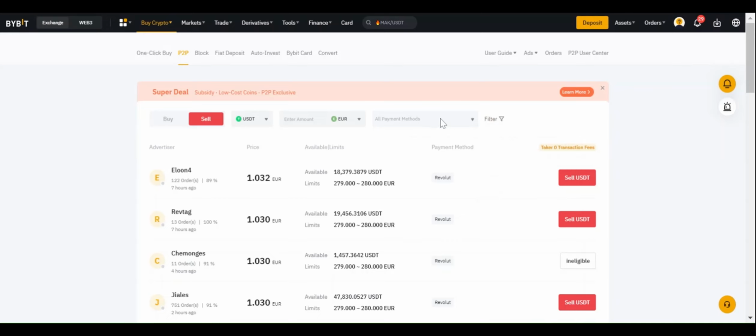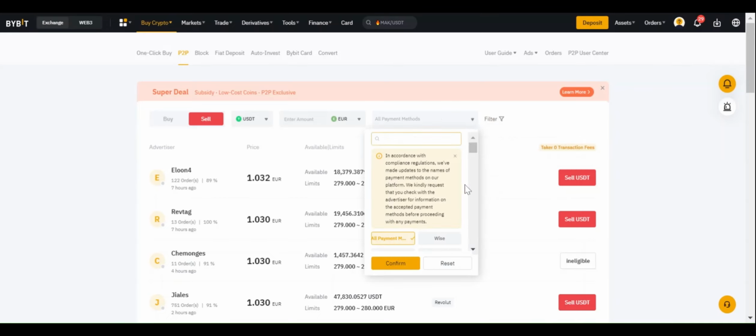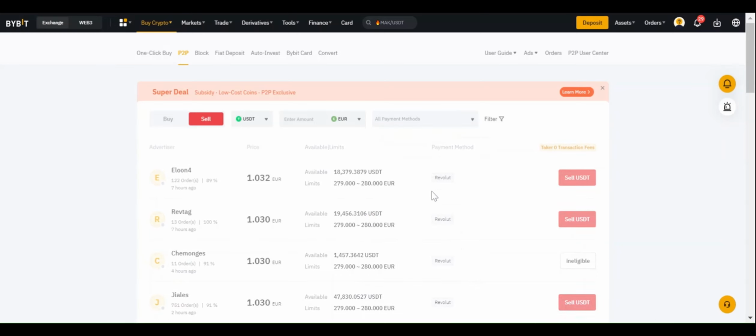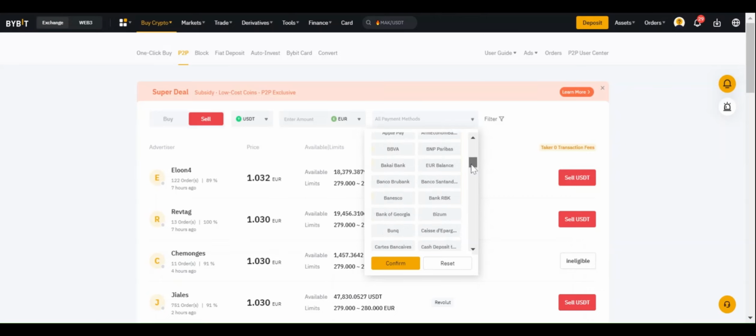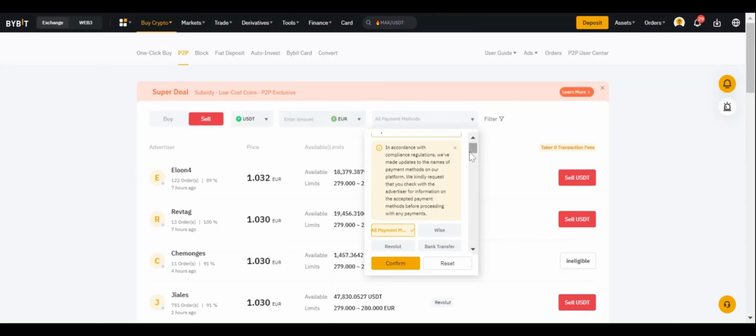Okay, it's here. So once you click confirm, sorry, these are all of the payment methods. You can select specific payment methods that you want using this search button, right? So if I wanted to say cheaper cash, no cheaper cash among the options, okay.